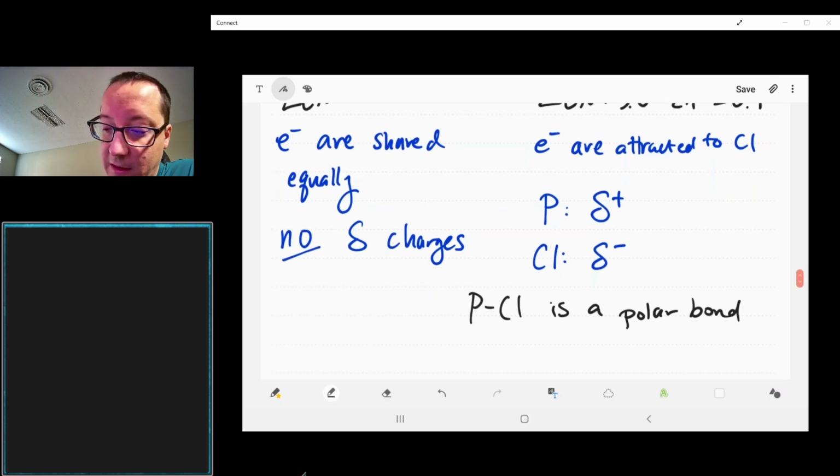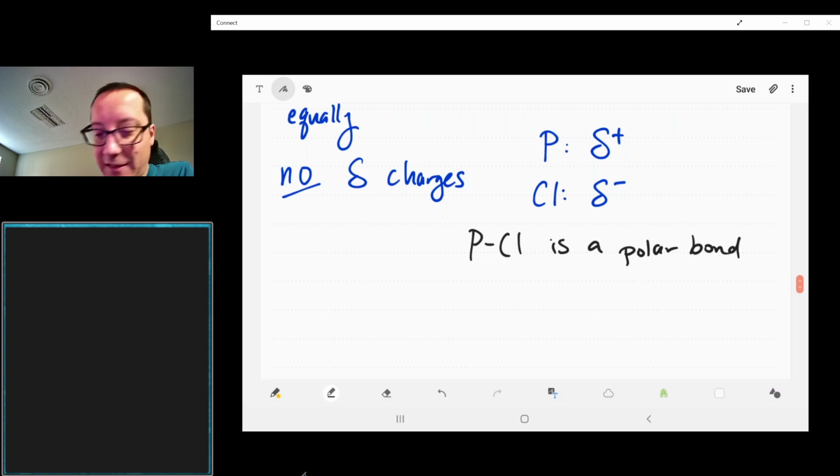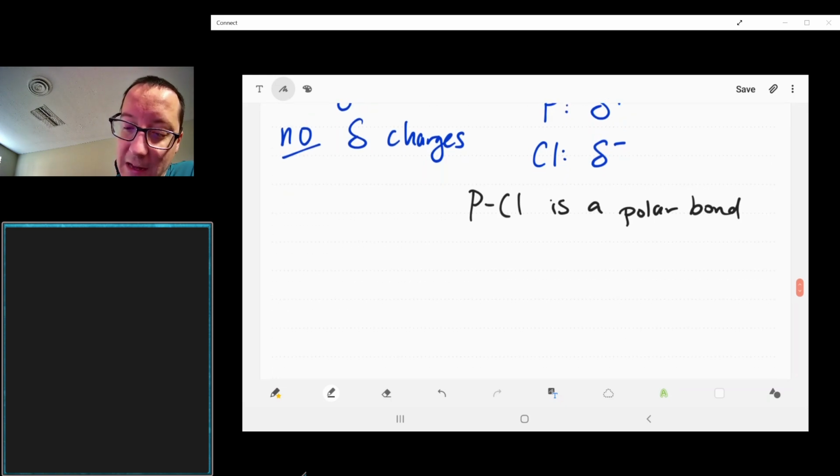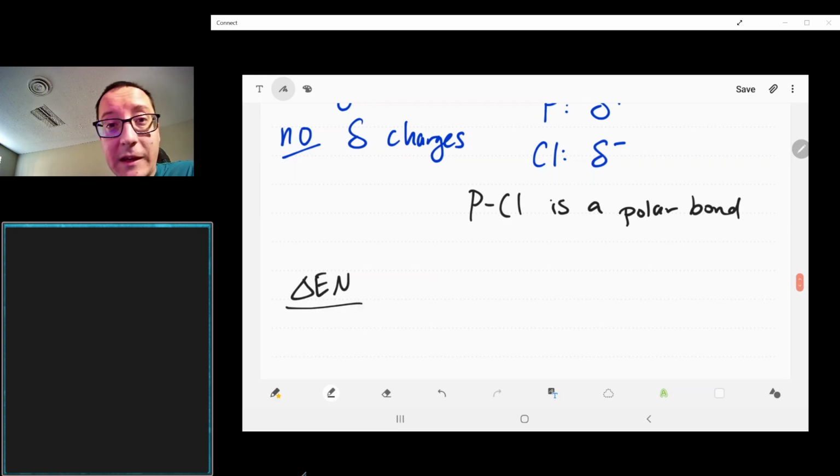So let's take a look at what we're going to classify these things as. So in reality, it's kind of a spectrum. There's not really a hard and fast, this is polar, this is not polar. But we have some general guidelines.